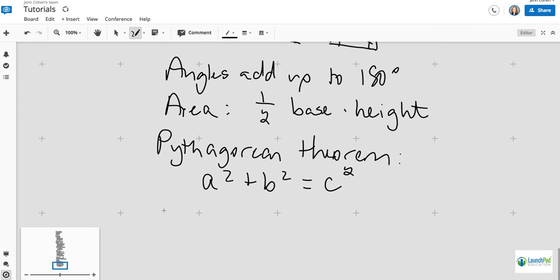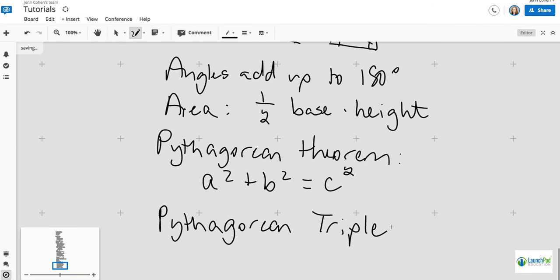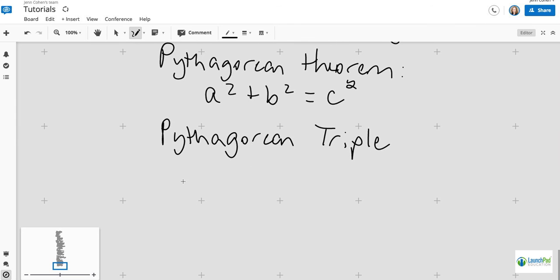There's also something called a Pythagorean triple. This one is almost like a bonus point one, but if you notice them, you can save yourself some grief. Pythagorean triples are special right triangles where the sides are whole numbers. So no square roots, no decimals, no nothing.